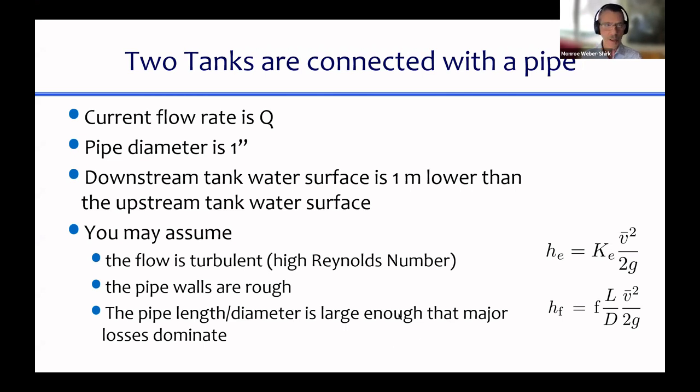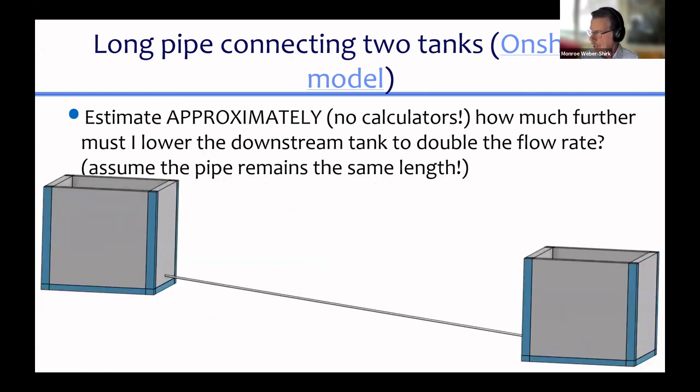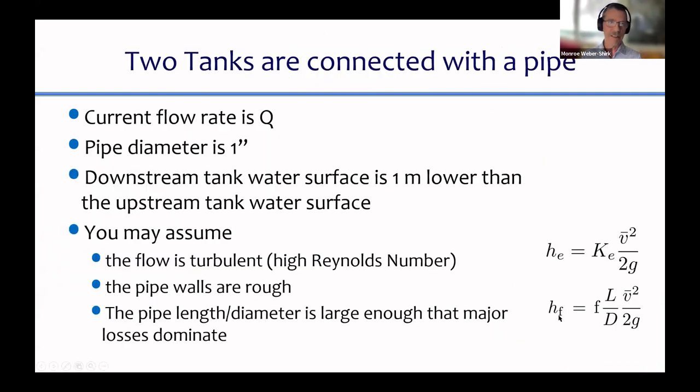Okay, so we're looking at how far I have to lower this second tank to double the flow rate through this pipe. That's the question. And now we go back to our friendly equation that describes the physics for this: the Darcy-Weisbach equation, which says that the head loss, how much energy is required to push the water through that pipe, is equal to FL over D times V squared over 2G.